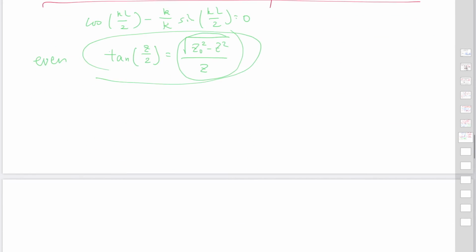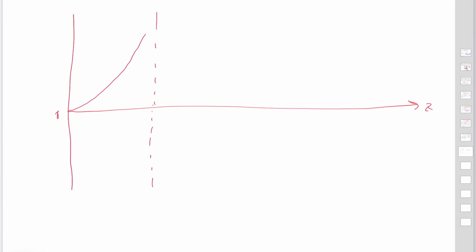Then we'd like to draw the curve. Then g has to be a positive quantity. So take π. So this is the tangent function, tangent z over 2.